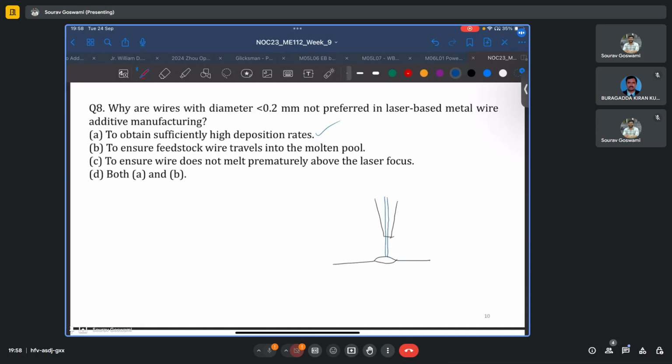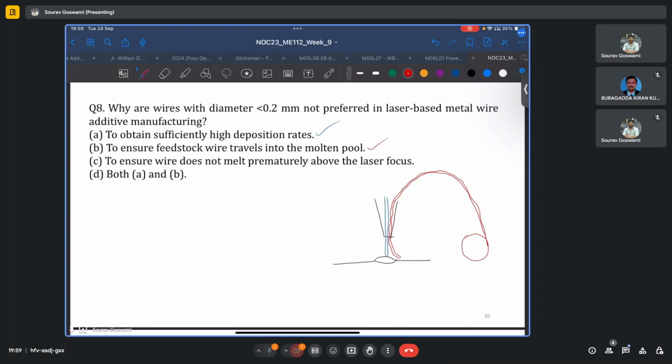But realistically, what happens is, because it is coming out of a spool, it will also retain some of the curvature of the spool. And if it is very slender, that curvature may be very pronounced. And thus, it might not get fed into the melt pool at all. Especially if the wire is very slender or very thin, that is, it has a very small diameter, this curvature can be highly pronounced. So to ensure that the feedstock wire travels into the molten pool, we should avoid very thin wires.